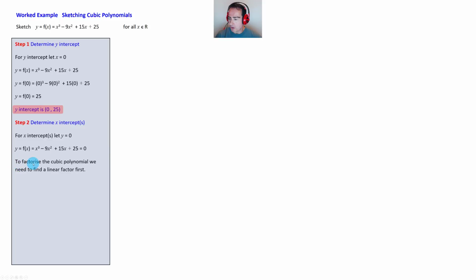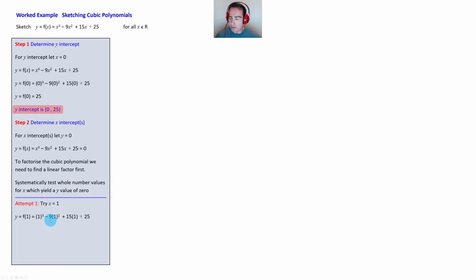So, as I said, to factorize the cubic polynomial, we need to find a linear factor first. Systematically test whole number values for x to yield a y value of 0. Attempt number 1, as I mentioned before, is to try x equals 1. So we substitute 1 in for x as before using function notation.